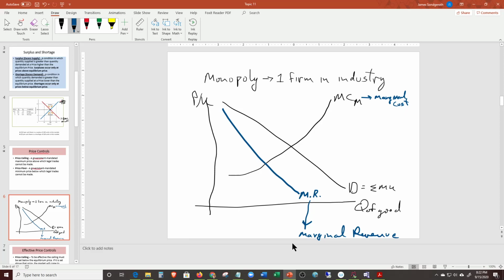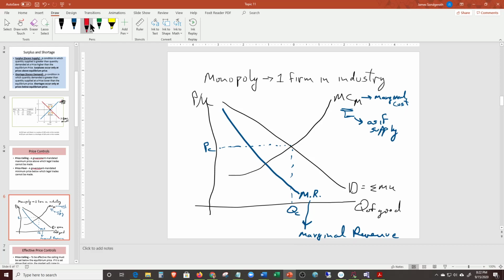And so if you tried to think of this marginal cost as a supply curve, then the competitive price in this market would be here, and the competitive equilibrium output would be here. But here's the deal.